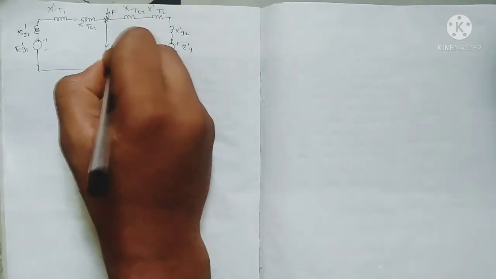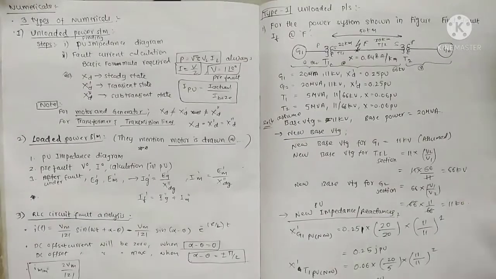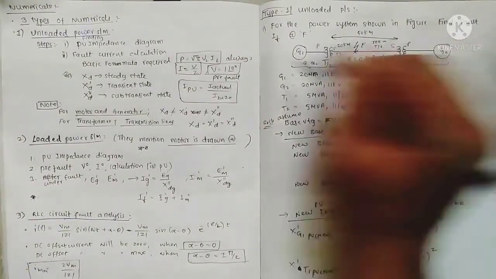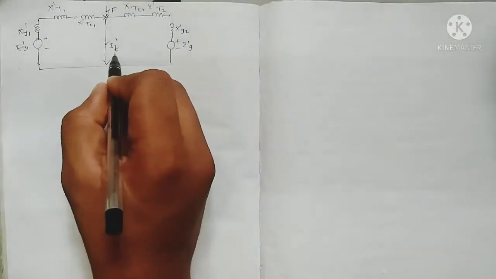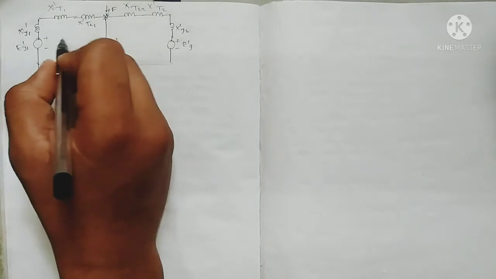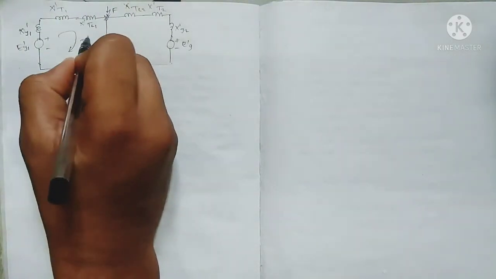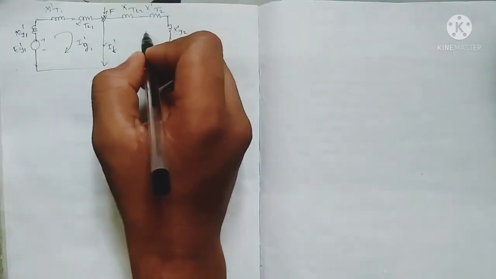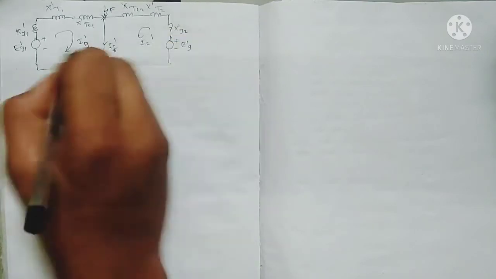In the question, they told us to find the fault current If at fault F. That is, we need to find If dash. Let us assume the current flowing in this circuit is I1 dash, and the current flowing in this circuit is I2 dash.